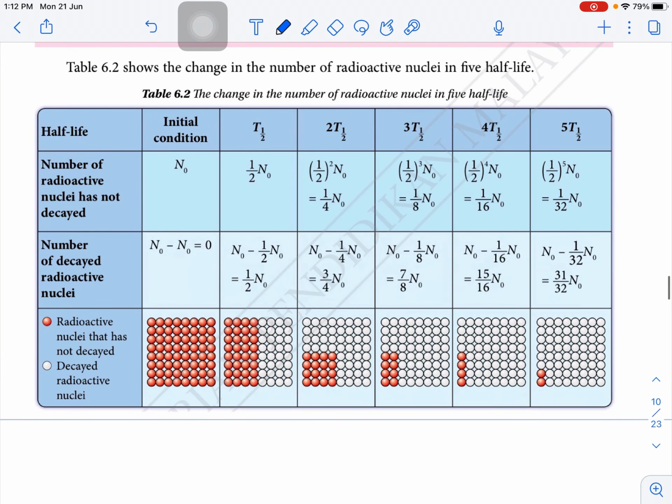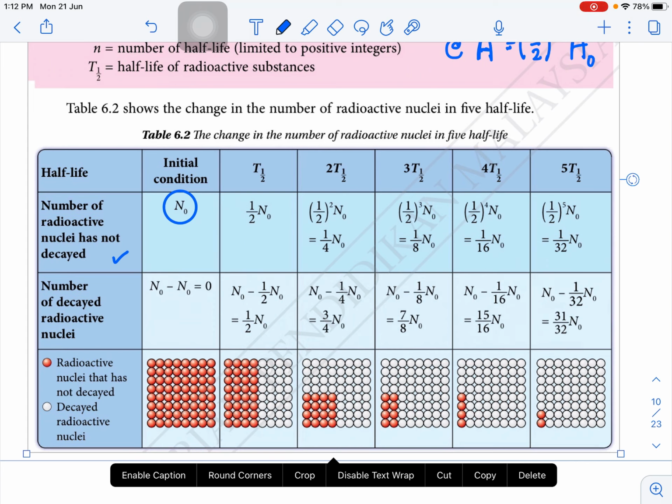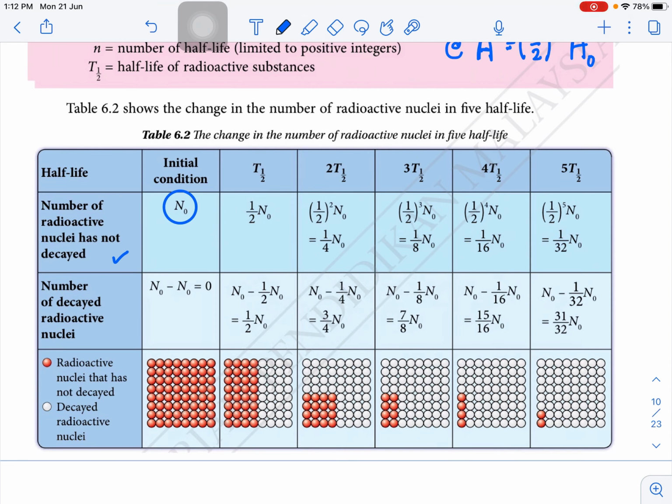In the form of diagrams, we can use this diagram to understand the concept of half-life. We start with the initial condition where the number of radioactive nuclei that has not decayed is N0, while the number of decayed radioactive nuclei is 0, because the process hasn't started yet. So N0 minus N0 gives 0.